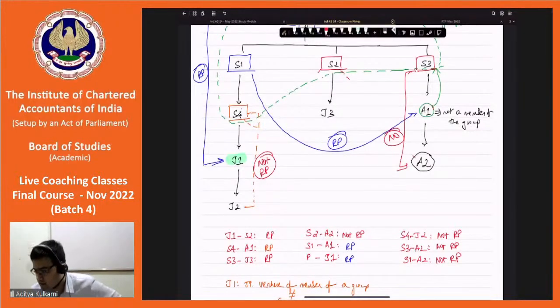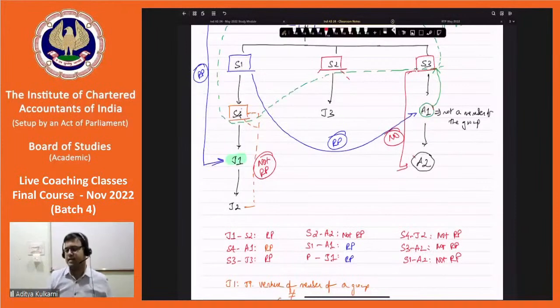Okay. Yes. Tanushri is right. S3, A2 not related. S1, A2 not related. Priya also has confirmed. S4, J2 not related. S3, A2 not related. Absolutely right. Good. You're getting a hang of it.